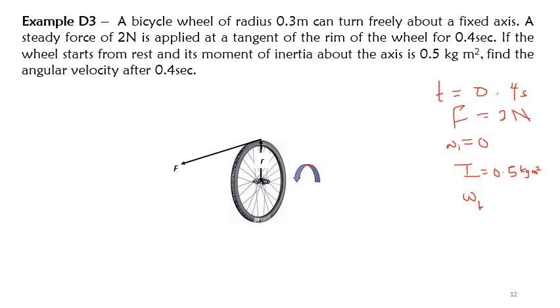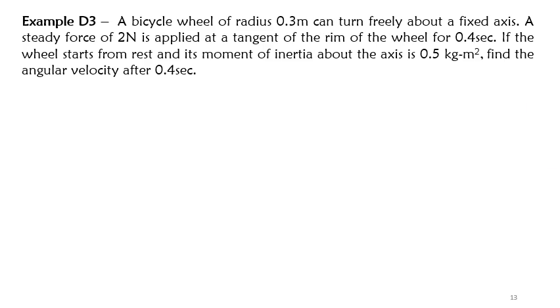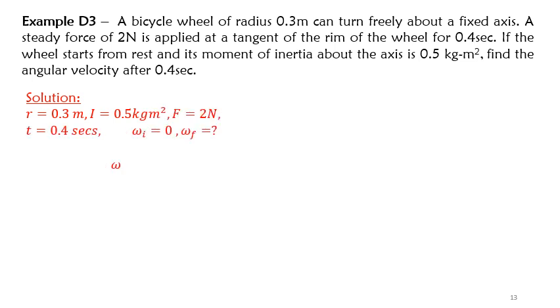What will be the angular velocity after that? It is very easy to solve. We know the force, we know the radius, so we can obtain the torque. Is that not so? Yes. So let's see the solution, with the parameters given.